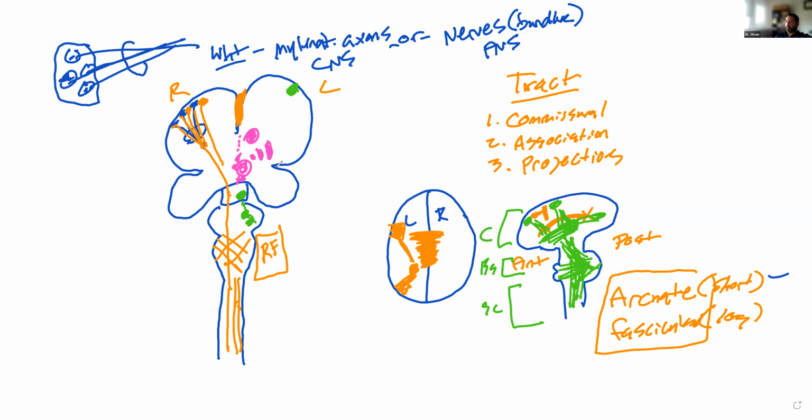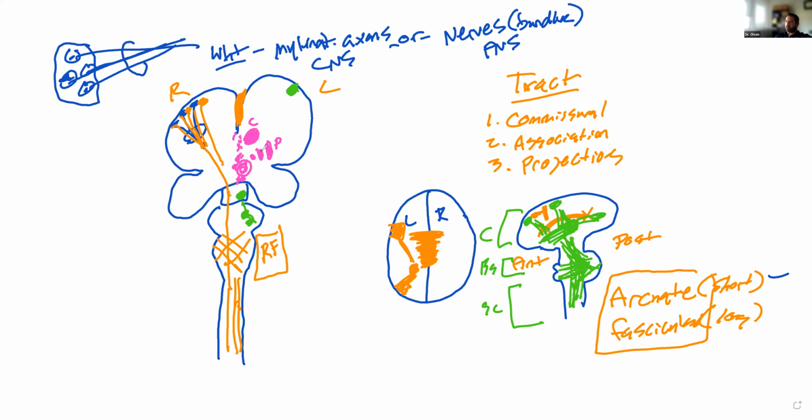Okay, you can find them more medial to the lateral sulcus. Okay, they're lateral to the midline of the brain, and we have a nucleus here, which is called the caudate nucleus. We have the putamen here, and then these two structures are called the globus pallidus.